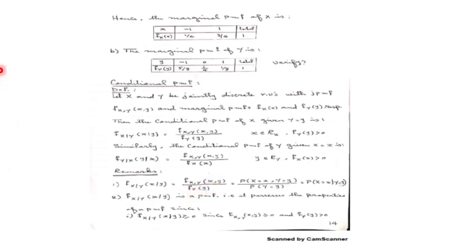Now the second property. What's the second property for any probability distribution or any probability mass function? That's the sum. If you add over all values of the variable, then the sum has to be what? 1. Let us see if this is satisfied in our case. What is the definition of this conditional probability mass function?